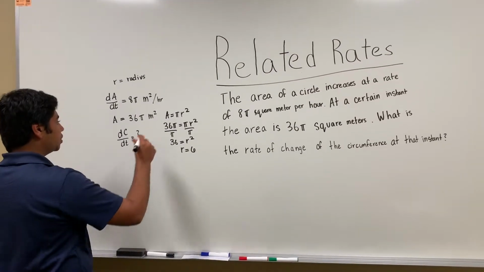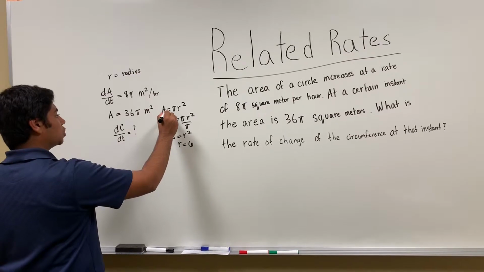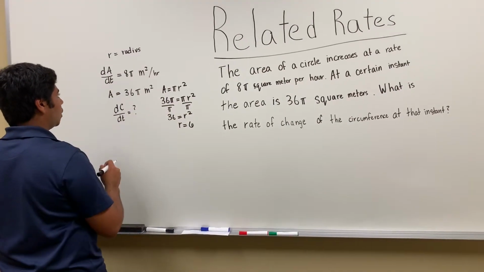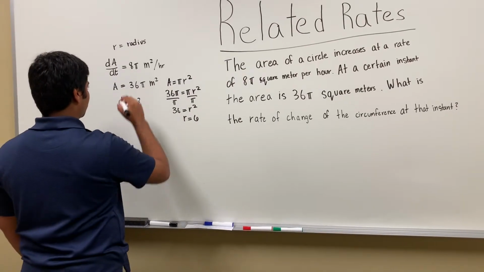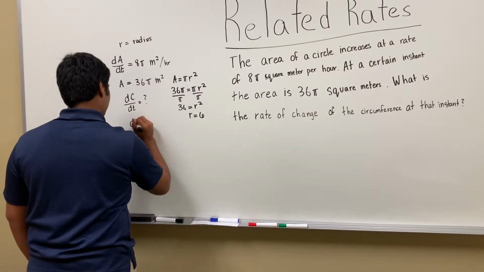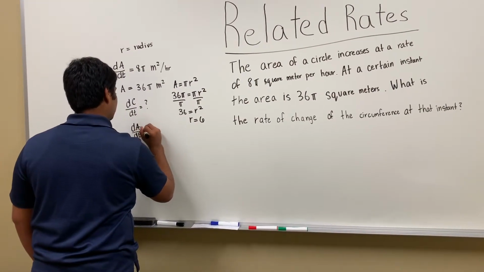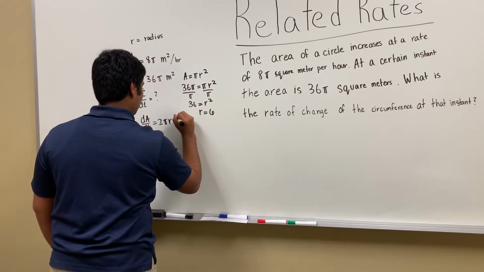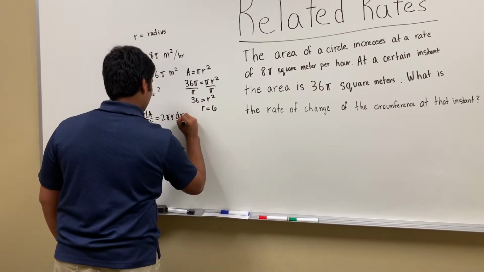Now we'll use the formula A equals pi r squared to find what dA over dt equals. So dA over dt is 2 pi r dr over dt.